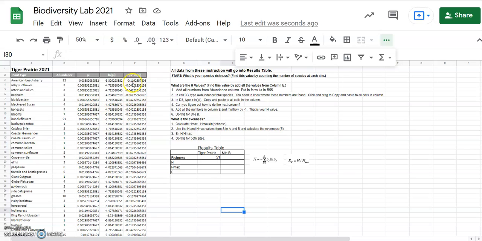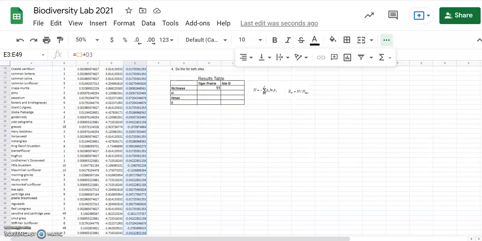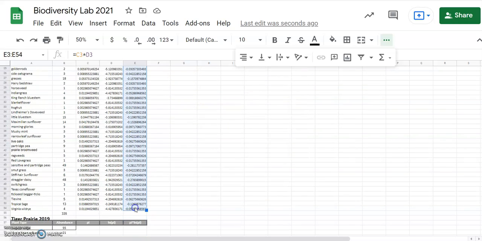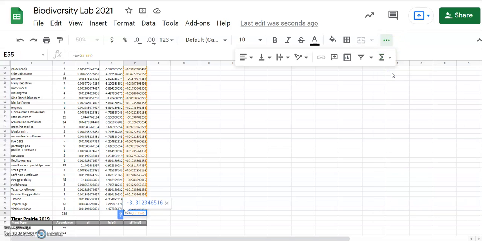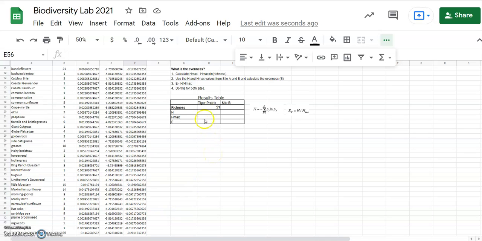So let's do that. I'm going to click here, drag, come over here and hit sum and enter. Now, that means that my H is a negative of a negative 3.31. So I'm going to put 3.31 here.